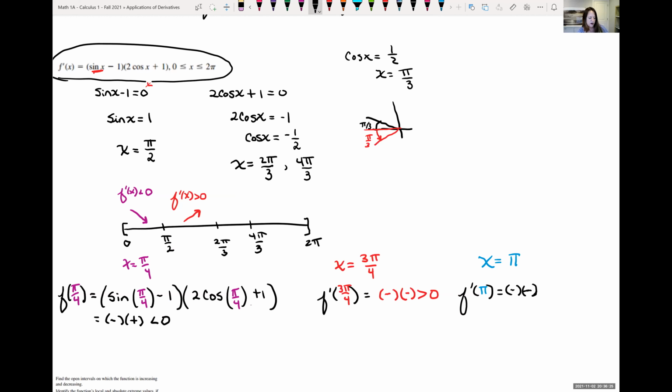And then one more, something between 4 pi thirds and 2 pi. How about 3 pi halves? Looking at the derivative at 3 pi halves, sine of 3 pi halves is negative 1, and negative 1 minus 1 is negative.